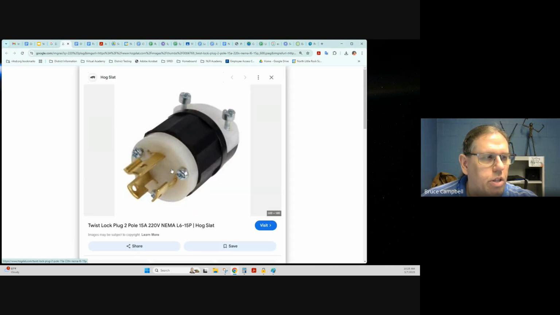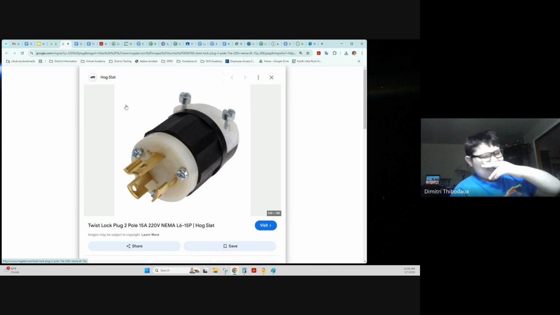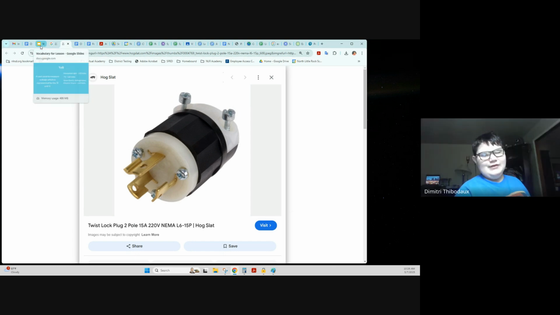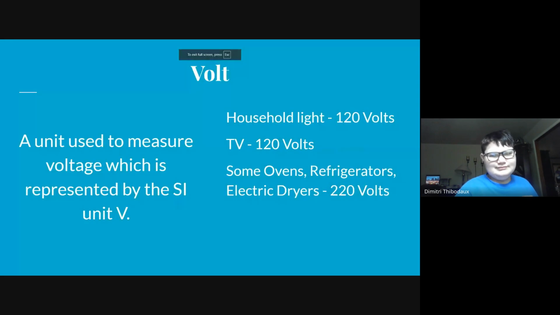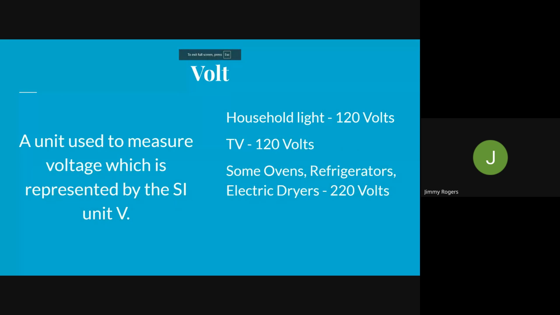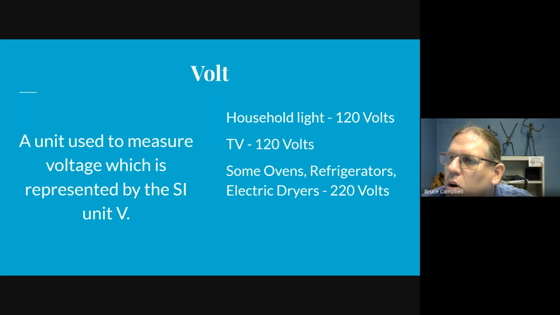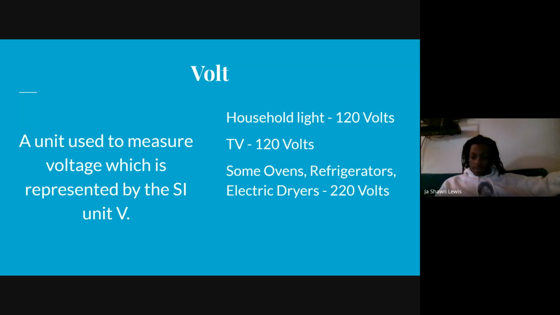Have you seen something that looks like this? I have. My grandfather has a bunch of tools that use that type of plug. A window unit will take that kind of plug. Naraya, Jashawn, Jasper, have you ever seen anything like that? Yes, I have.